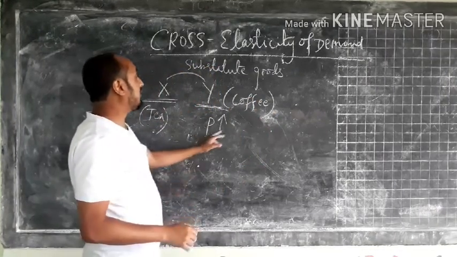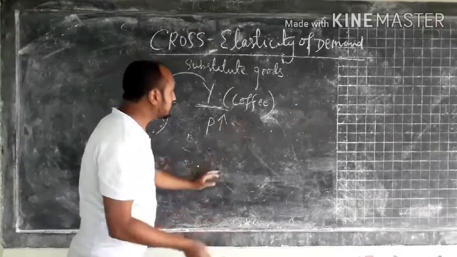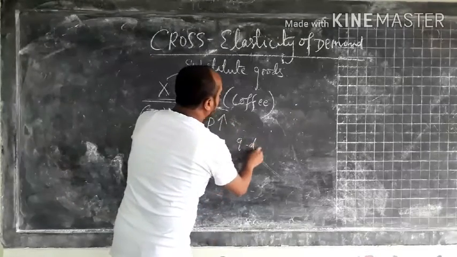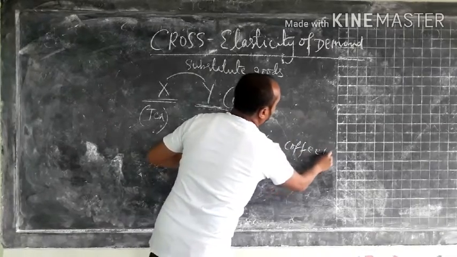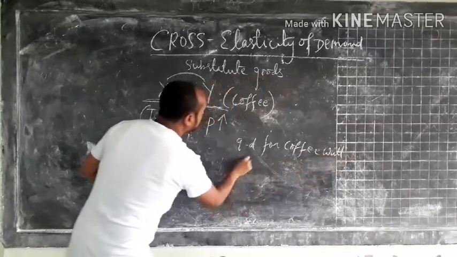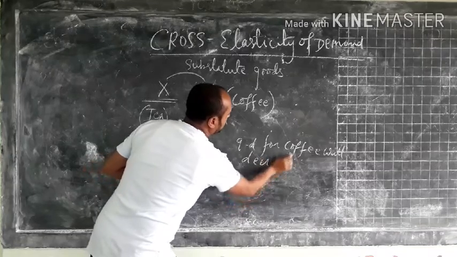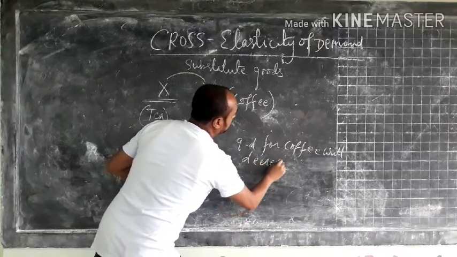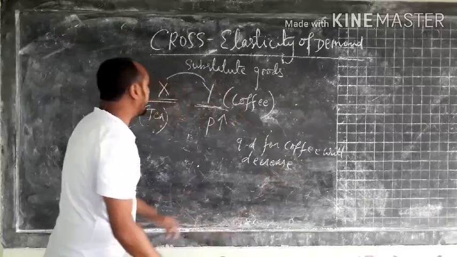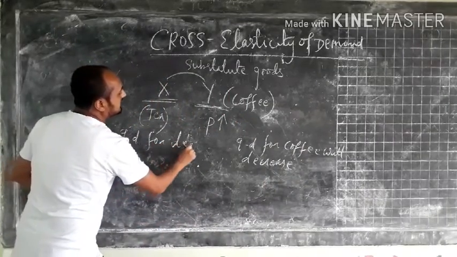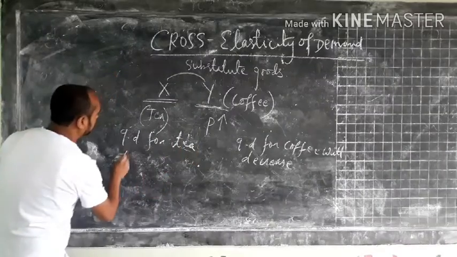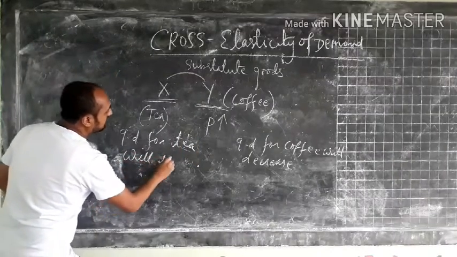Now when the price of coffee increases, obviously the quantity demanded for coffee will decrease, and the quantity demanded for tea will increase.